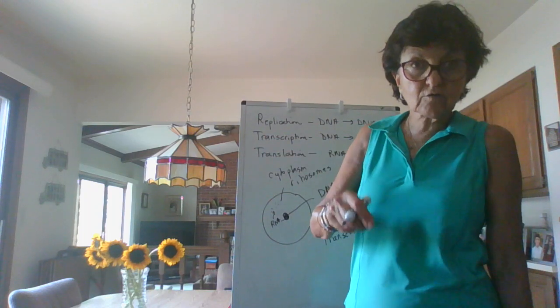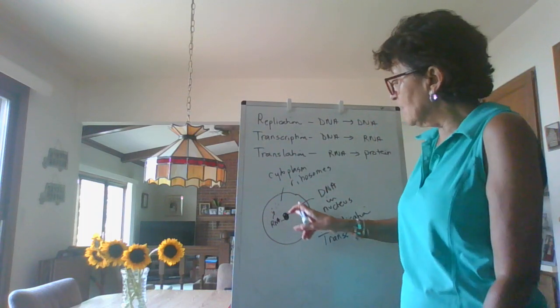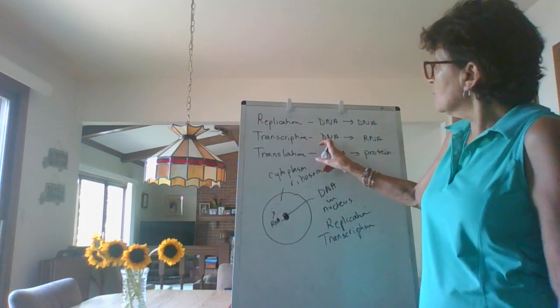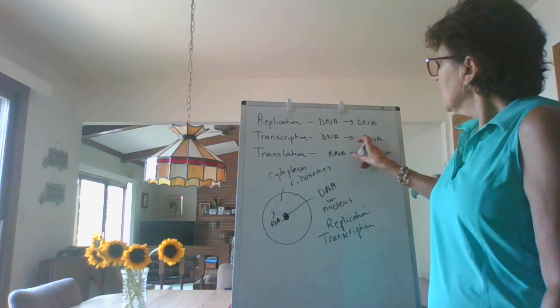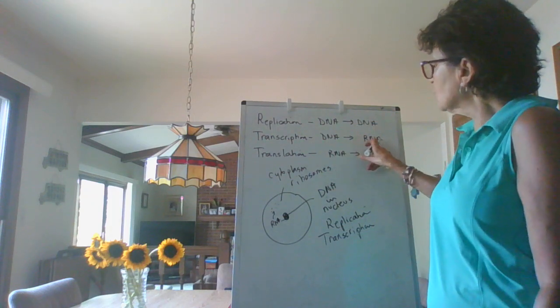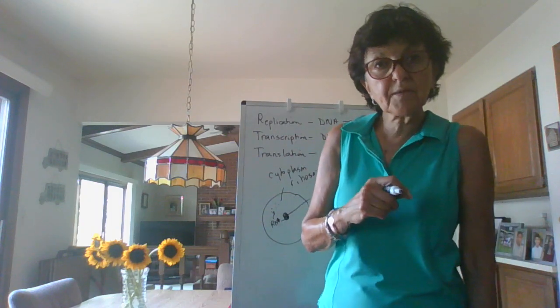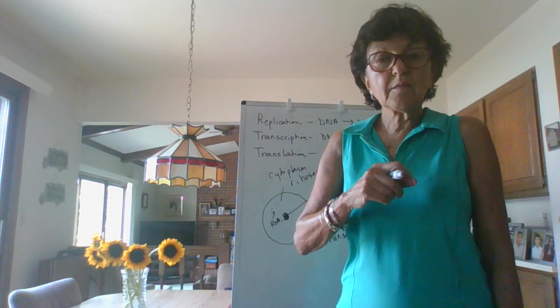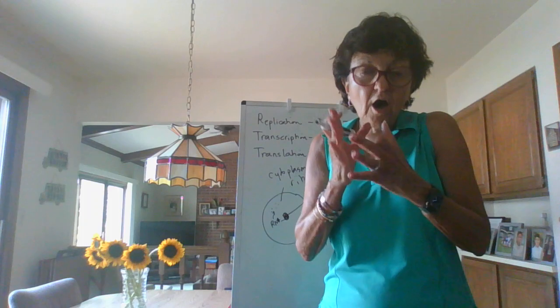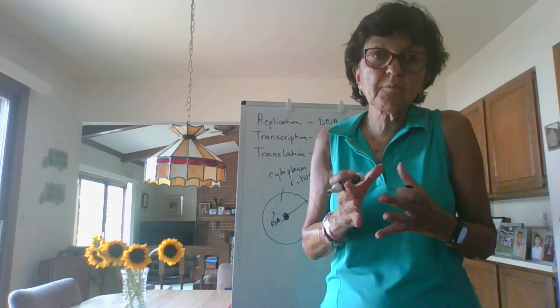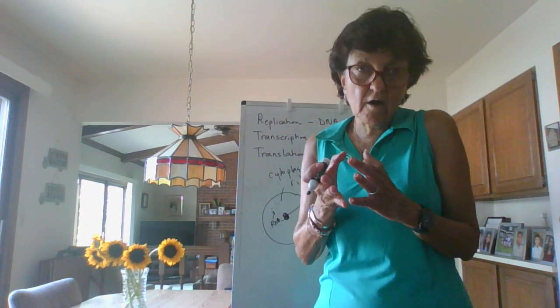Transcription, the term that I just told you about, is in the nucleus. This is where DNA information gets turned into RNA information. So basically you're making a copy of the DNA, and that copy is going to be a complementary copy of DNA in the form of RNA.